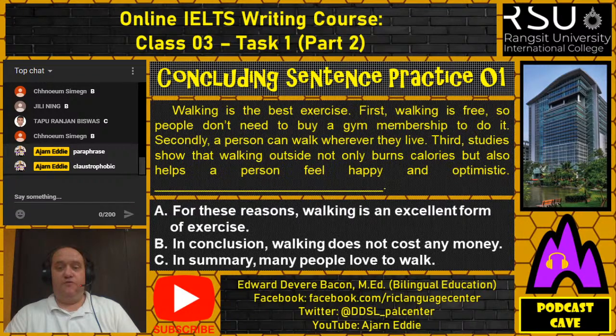Okay, so again, remember, you want the topic sentence and the concluding sentence to be connected, to basically have the same message. All right, so let's go through the answers here. A: For these reasons, walking is an excellent form of exercise. So it's basically saying topic sentence, best exercise; here it's saying walking is an excellent form of exercise.